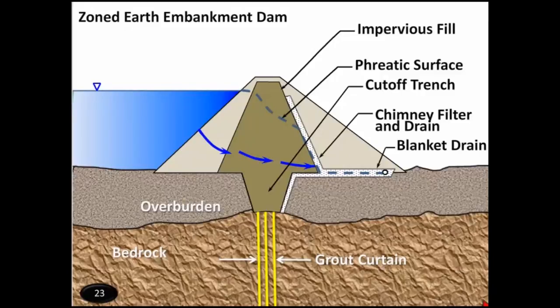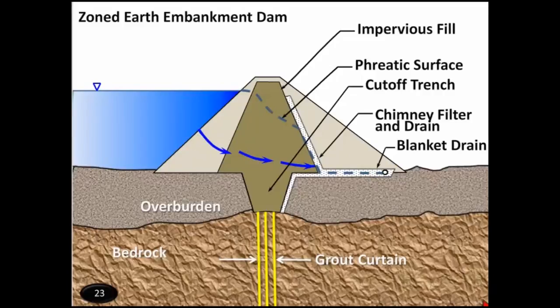And it provides a much more reliable and lower risk dam, so that if there was a crack to develop or a seepage path or something like that, it would be intercepted by this chimney filter and drain, and safely filter the water so that there's no loss of embankment material, and it would convey that water safely to the drainage system.